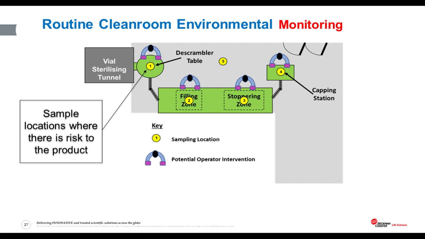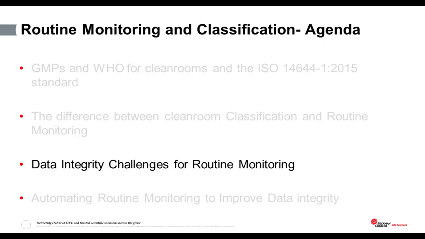And you'll notice that these sample locations, defined by the little yellow dots there, are laid out very differently, in very different locations to those that were used for classification. And that's why classification is not appropriate for routine environmental monitoring, because there's no consideration made as to where the product may be at risk.